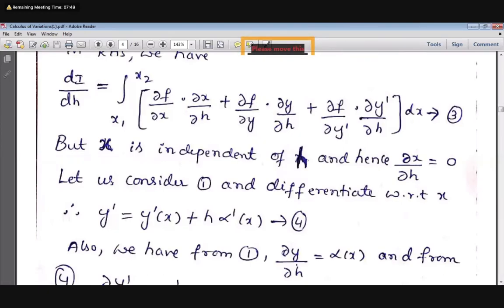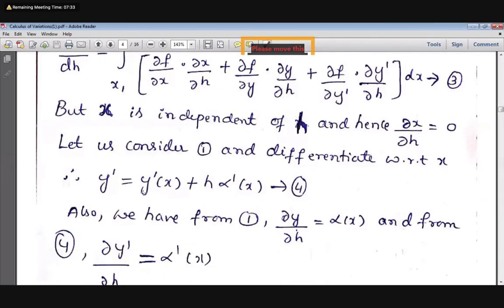How to find them? Take the first equation. What was that first equation? Equation 1: y equals y of x plus h alpha of x. Differentiate that: y' equals y' of x plus h alpha' of x.